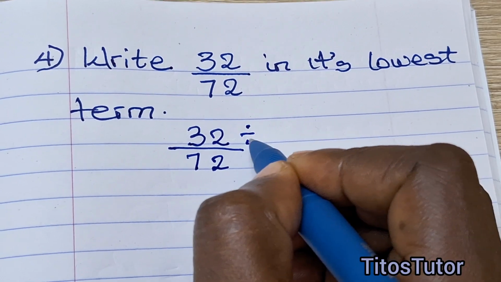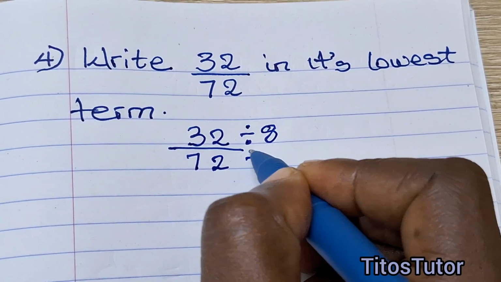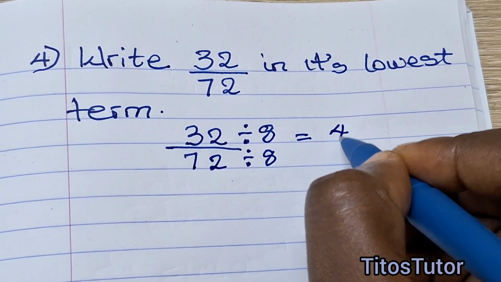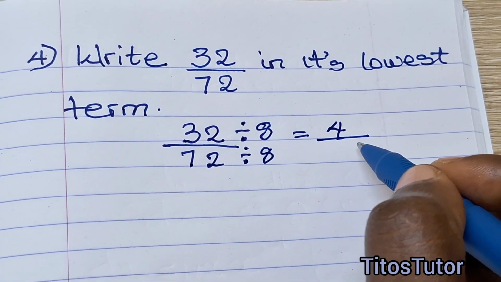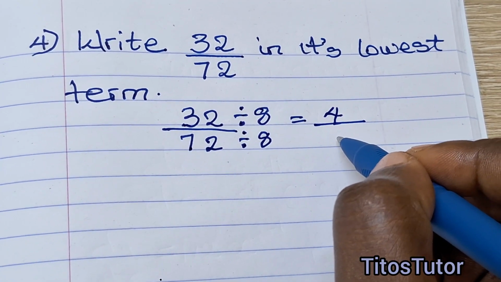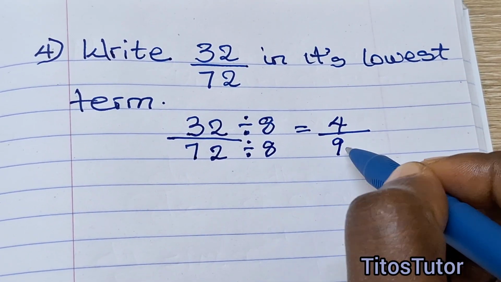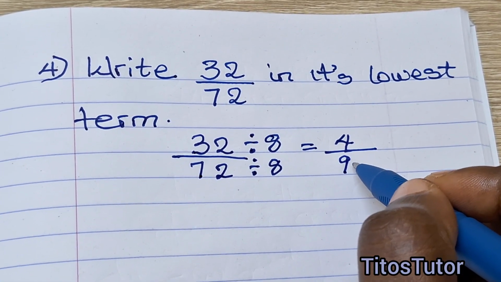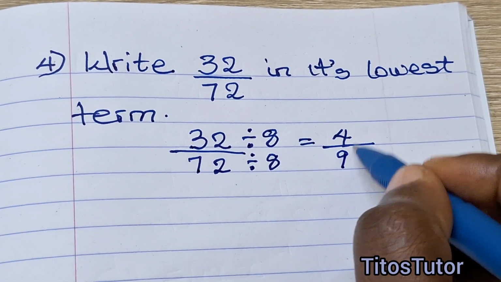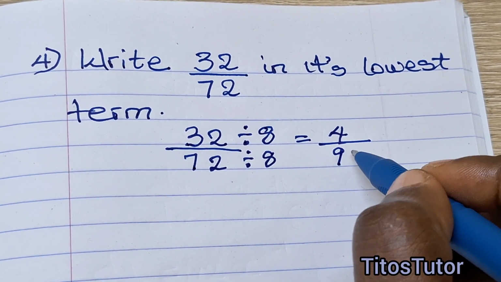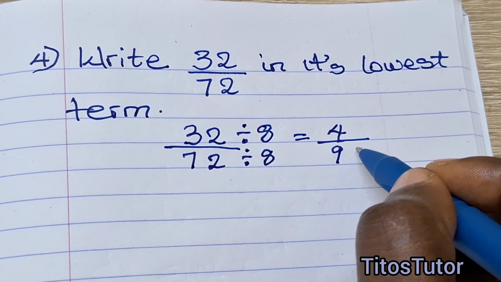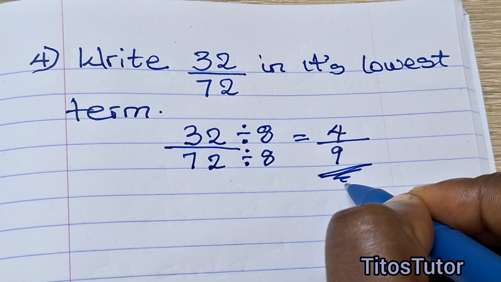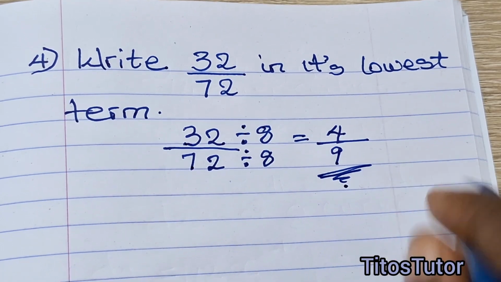I'm going to divide this by 8 and divide this by 8 as well. 32 divided by 8 is 4. 72 divided by 8 is 9. So my final answer is 4 over 9. You know why? Nothing can divide 4 and 9. They don't have any common factor. So I am done. This is the lowest 32 over 72 can be.